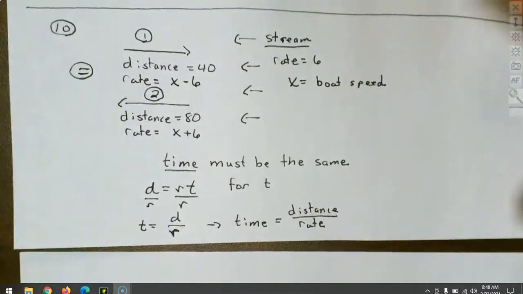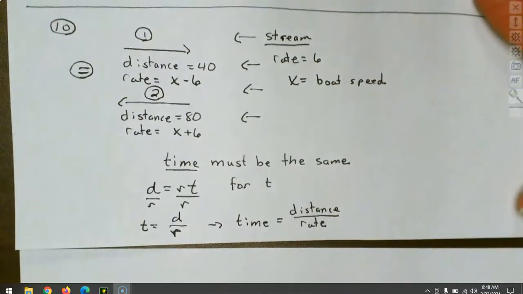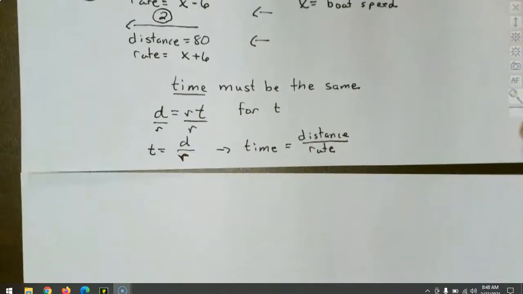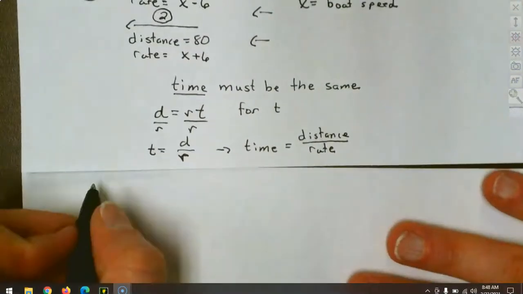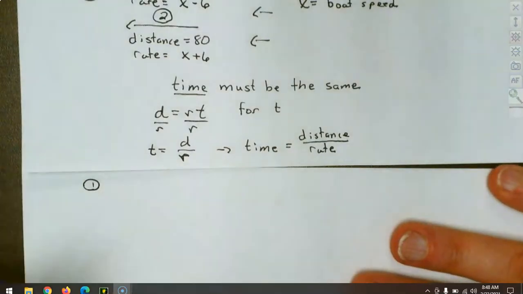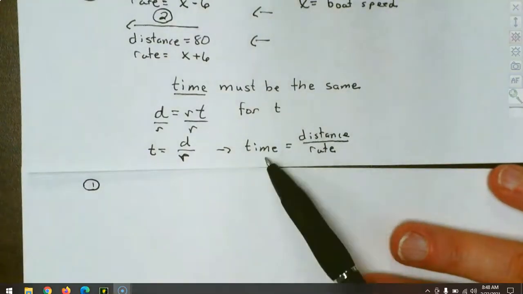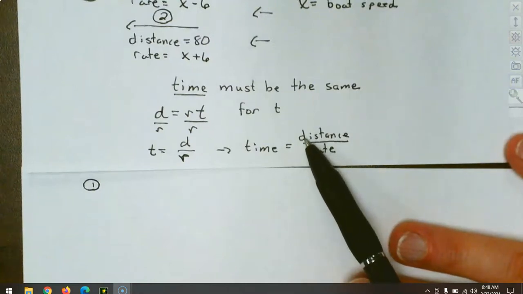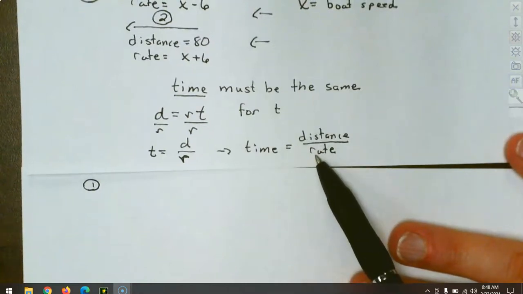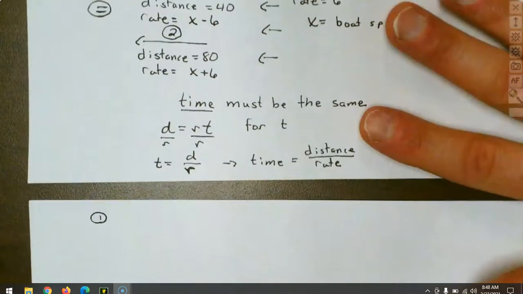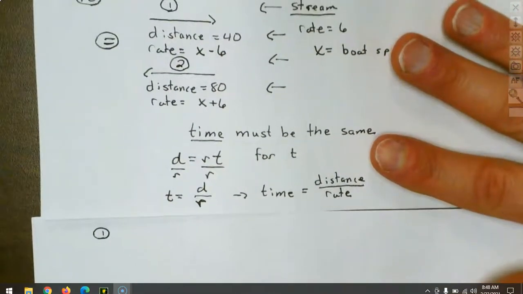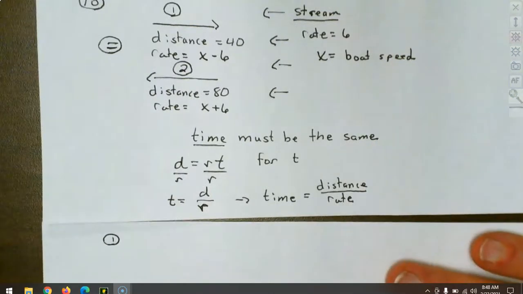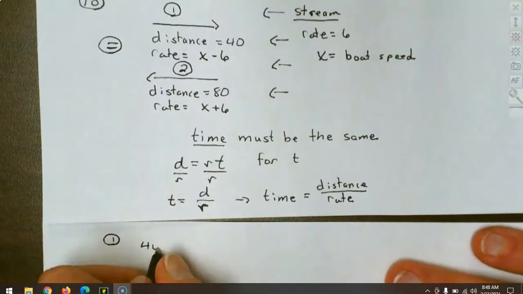So let's now try to build our equation. And again, we're using division. So on our first one, we want to look at our time. What is our time? Distance divided by the what? Rate of speed. So on our first one, what's our distance here? Our distance is going to be 40.